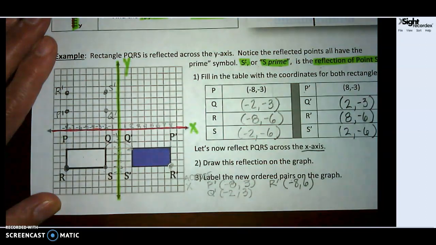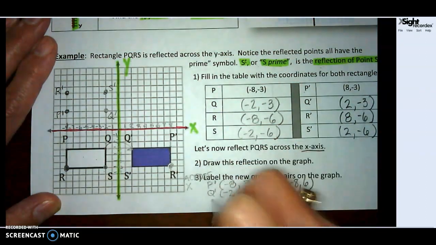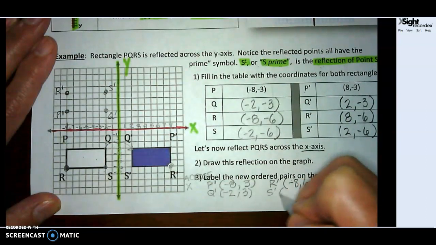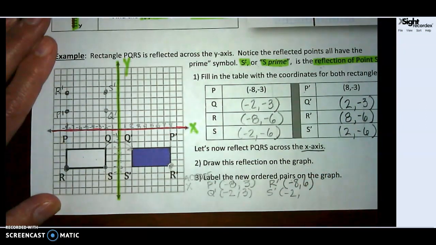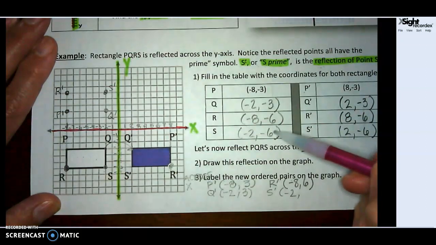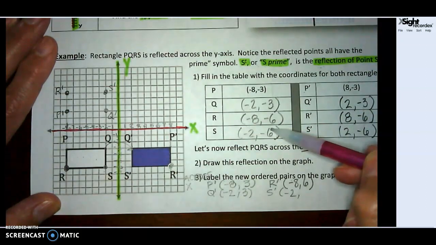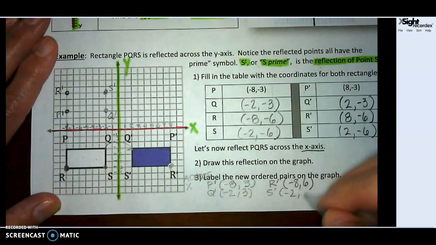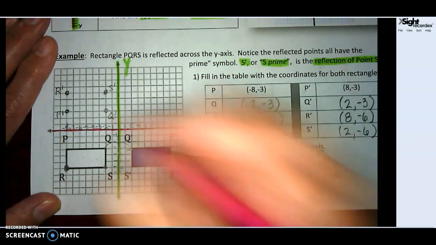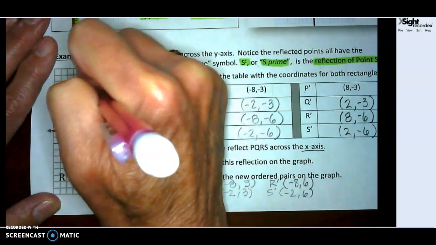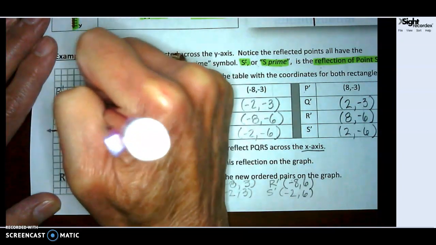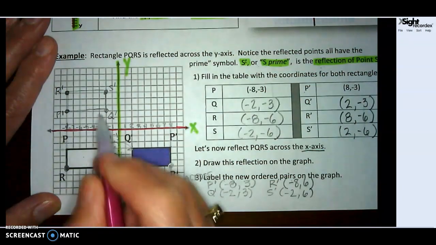So that's easy to do. But if I'm looking at my points, -2, that stays the same. My x value stays the same because I'm reflecting across x. So the y is what I get the opposite of.